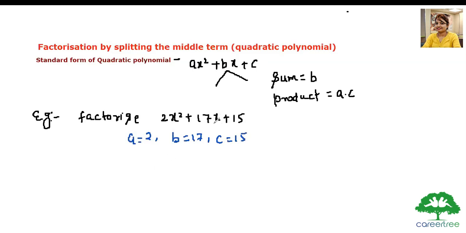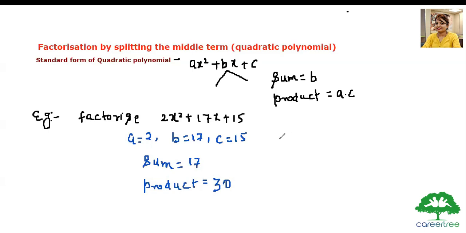Our middle term is 17x, so we need to split it into two numbers such that their sum is equal to b, which is 17, and their product is equal to a into c, so 15 into 2, which is 30.